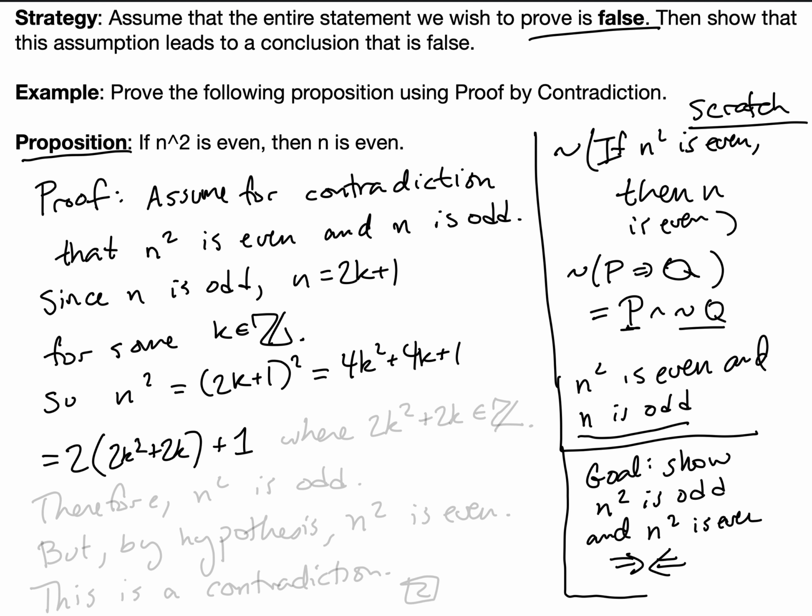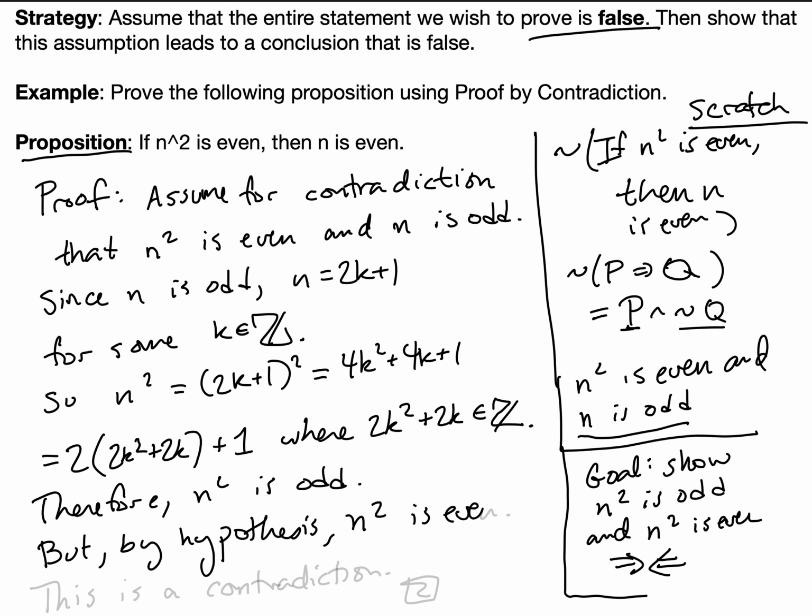So we can write it in that form, where 2k squared plus 2k is an integer. And therefore, n squared is odd. But by hypothesis, n squared is even. And now this is a contradiction.